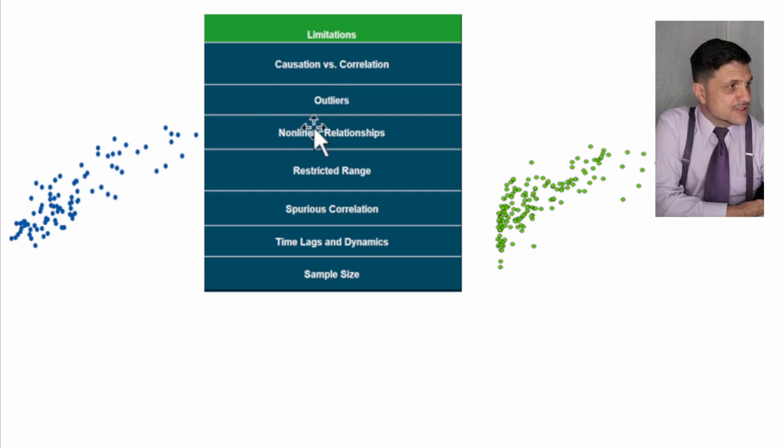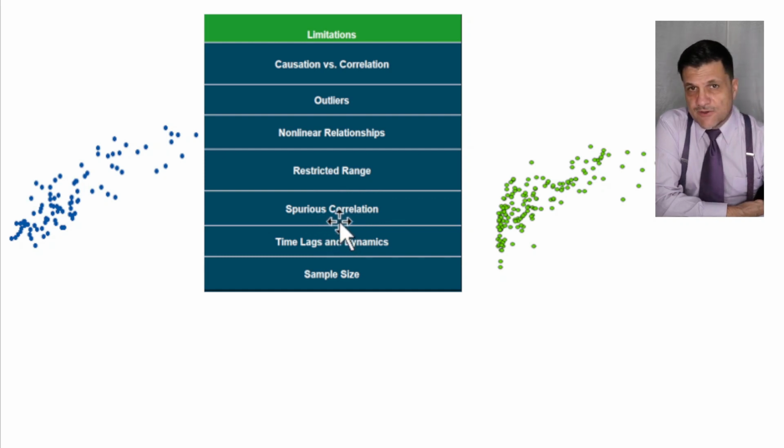Outliers are a problem: the unexpected, very large or very small numbers. A relationship that's not linear, that doesn't follow a pattern like the blue lines here. Restricted range, so it's a small sample or a small number of data. Spurious correlation, when you believe that one caused the other but there's nothing to do with it.